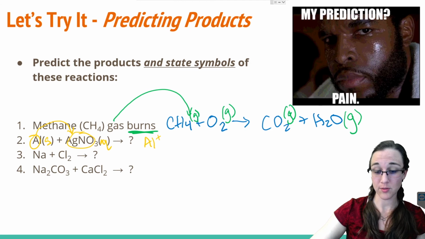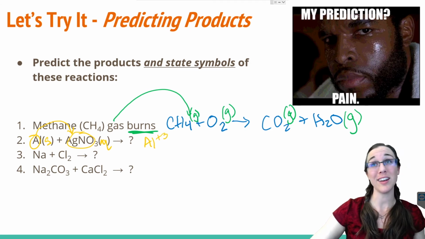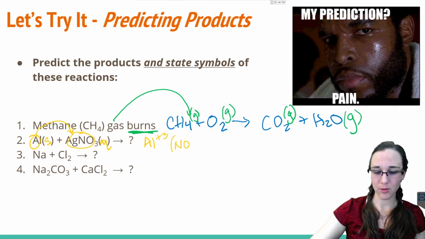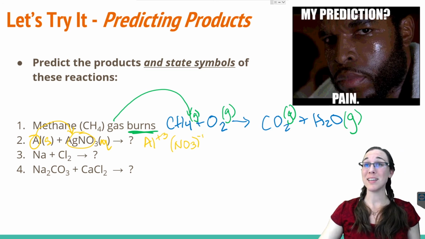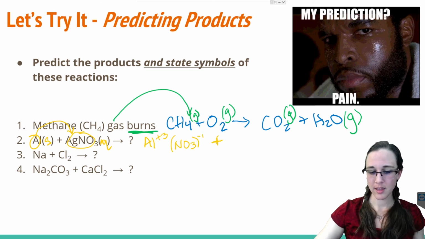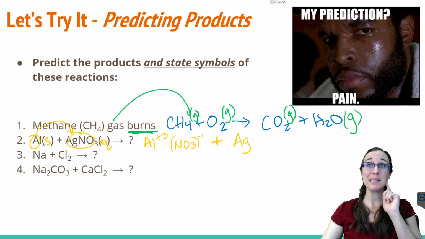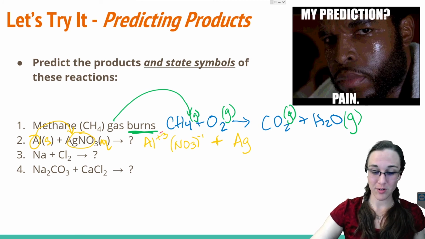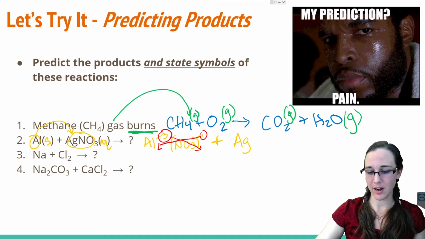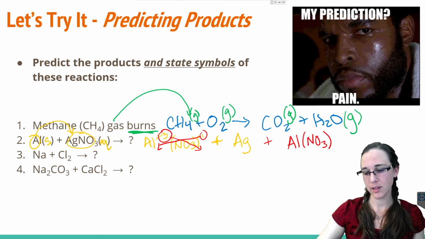Al plus 3, that's the charge it forms from the periodic table, next to NO3, and nitrate from our polyatomic ions list makes a minus 1 charge, plus silver, Ag, now all by itself. Anytime we have these charges next to each other, we have to do our drop and swap. So I'm going to take that 3, put it down there, take the 1, put it down there. And what I end up with is Al, NO3, 3.